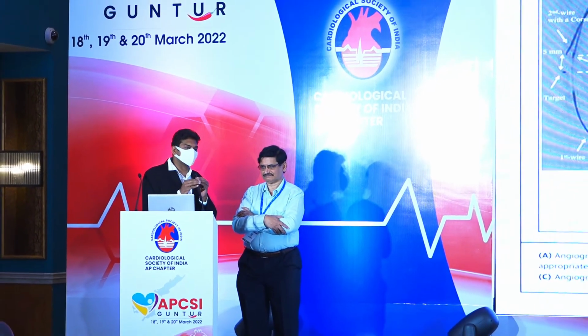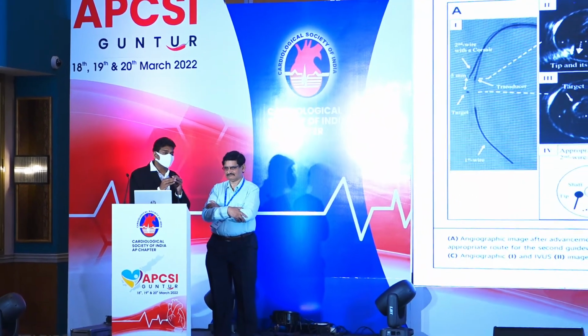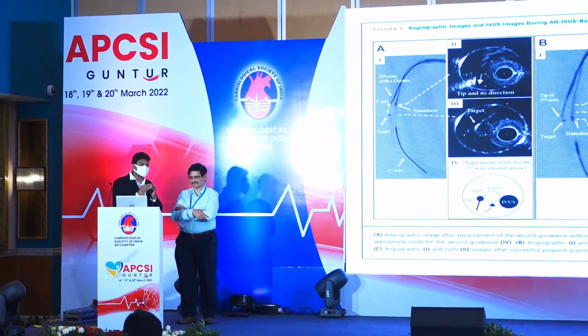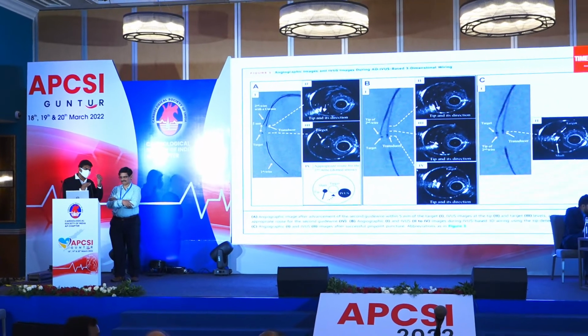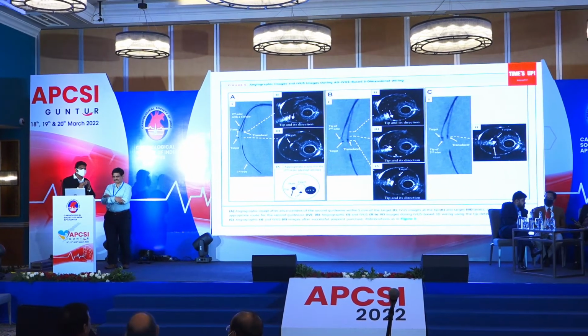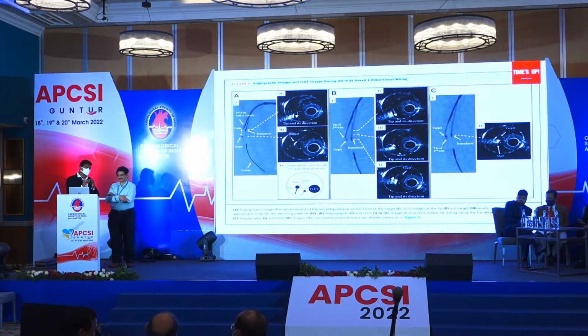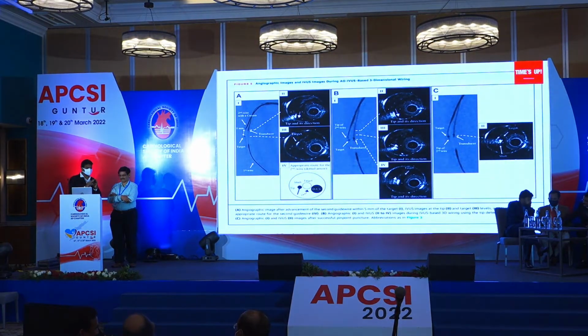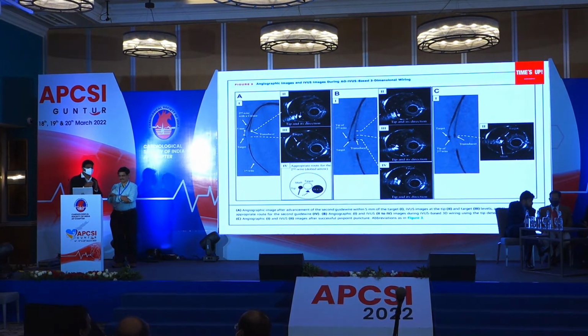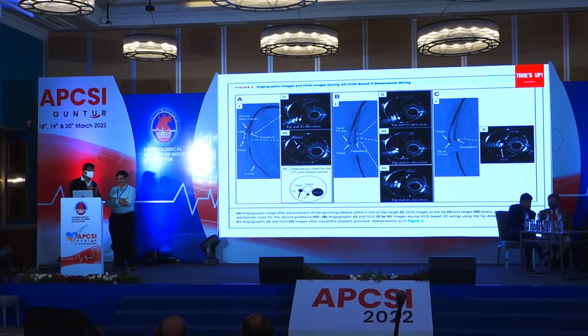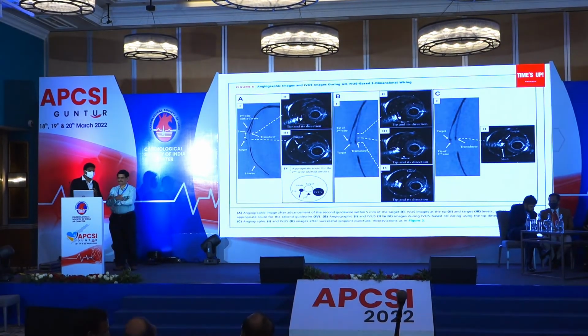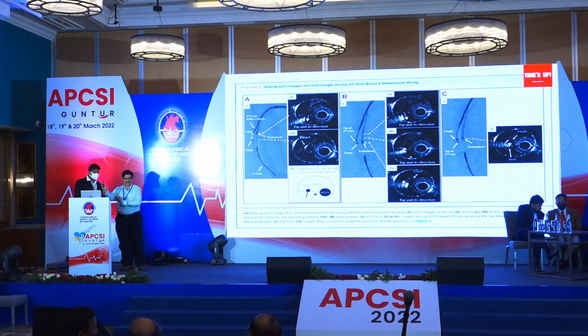I was forced to do it for the first time in a patient where the creatinine was 4.5 and there was a restenosis within 6 months, with 5 stents inside. So I tried saline as contrast in this patient and I succeeded in imaging well. That's how I started doing saline as a contrast, but I am not doing it regularly. It is only in patients where this kind of situation happens.